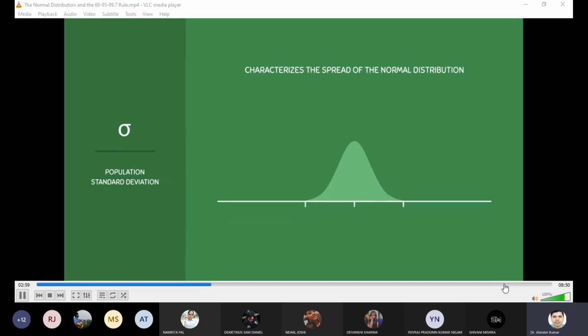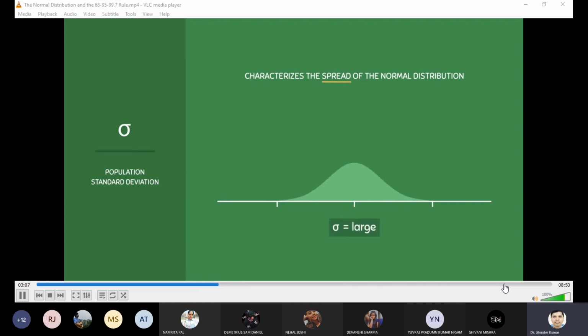On the other hand, the population standard deviation sigma characterizes the spread of the normal distribution. The larger the standard deviation, the more spread out the distribution will be, and the smaller the standard deviation, the less spread out it will be. Notice that when the spread increases, the curve gets much flatter, and when the spread decreases, the curve gets taller.